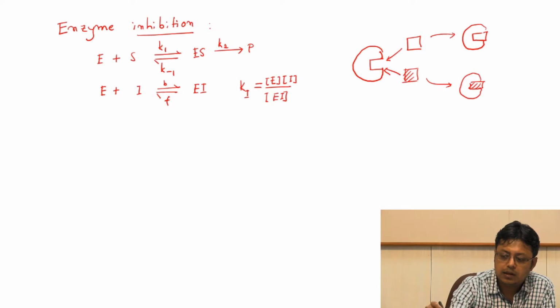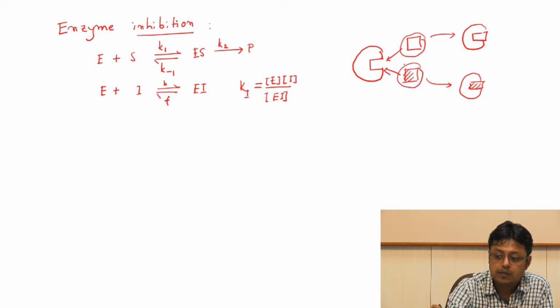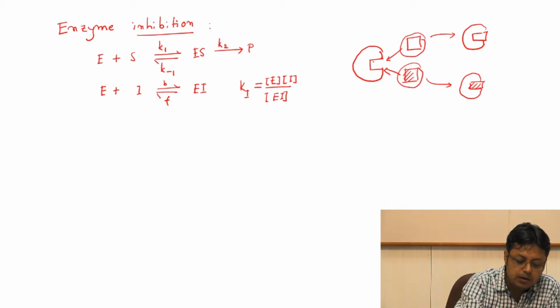This means the substrate and the inhibitor compete among themselves for the active site. So this kind of inhibition is known as competitive inhibition.